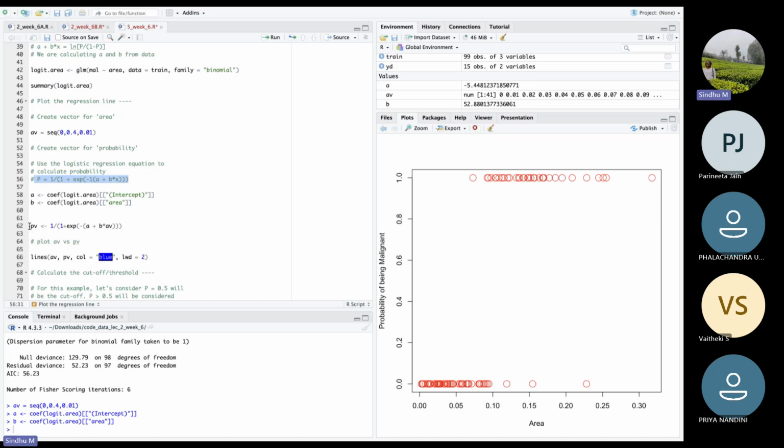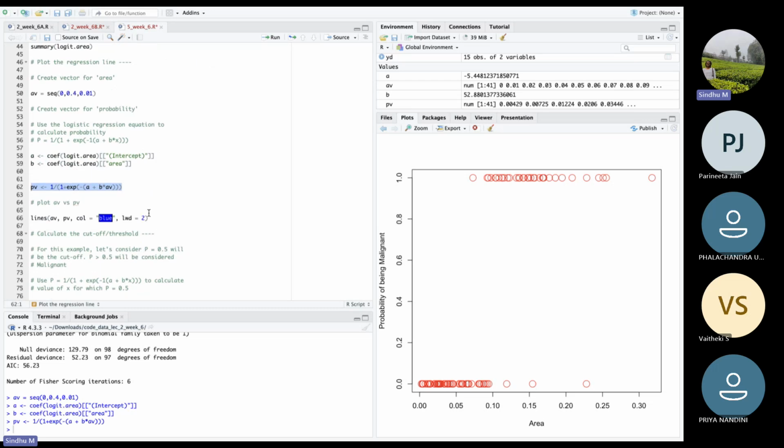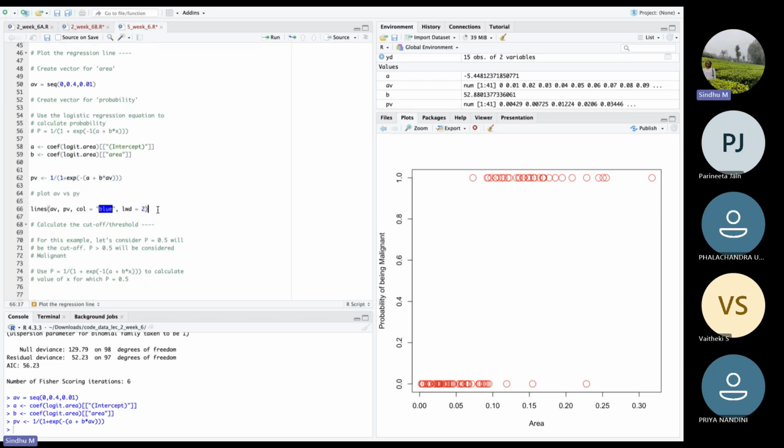This is the line where we are substituting the variables a and b that we have got into the equation. So now we have got the fitted response, or the predicted response. Now we have to plot the input sequence versus the predicted sequence based on the A and B that we got from the model.